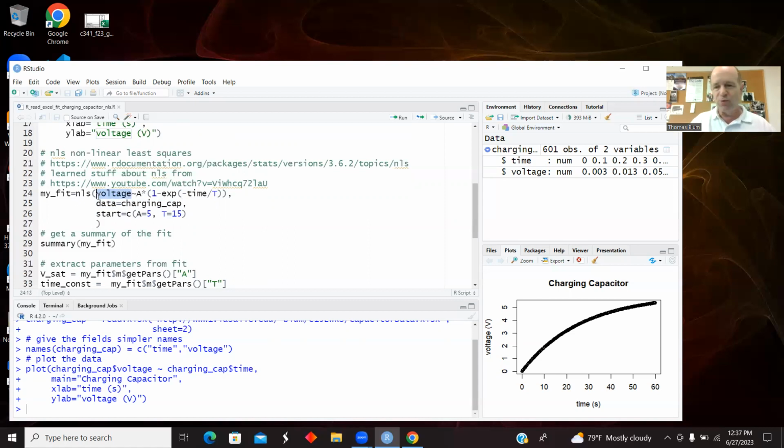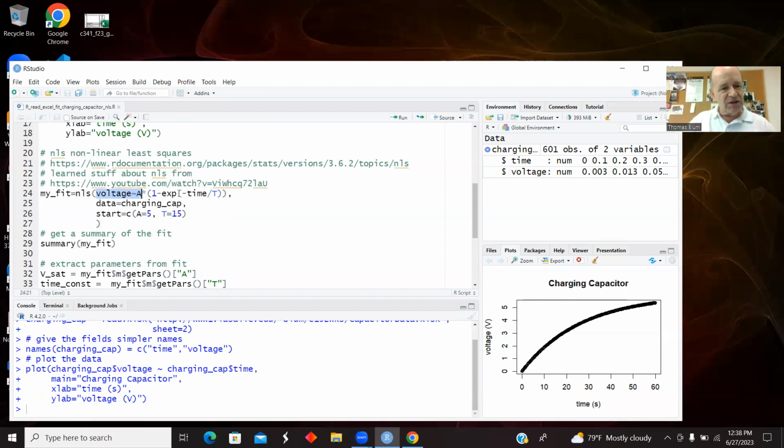That's why this is voltage, because it matches one of the data fields of my data frame. A is the saturation voltage parameter. 1 minus the exponential is the functional that I'm then fitting to. Time is the other named data field in my data frame. And then t is my second parameter, the time constant.